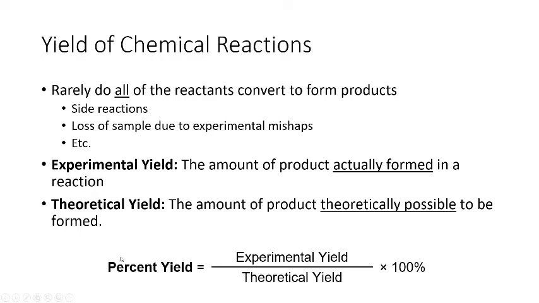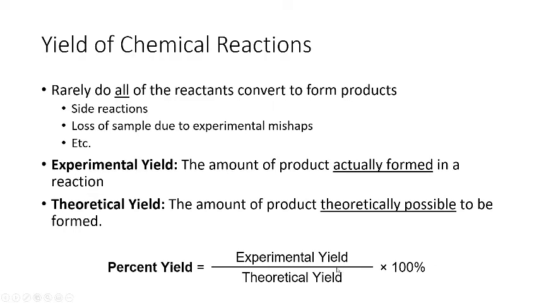And so we have a third term here, which determines the percent efficiency of a chemical reaction, and it's called the percent yield. The percent yield is equal to the experimental yield over the theoretical yield times 100%. This times 100% just turns that quantity into a percentage value that you can report.